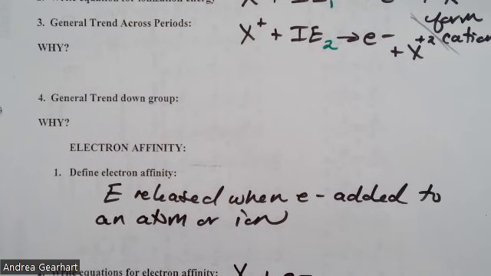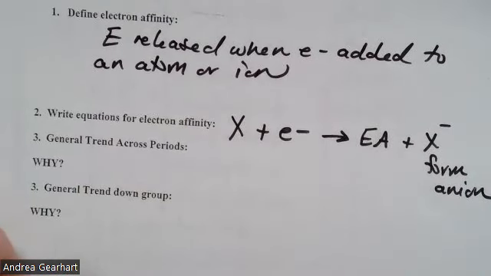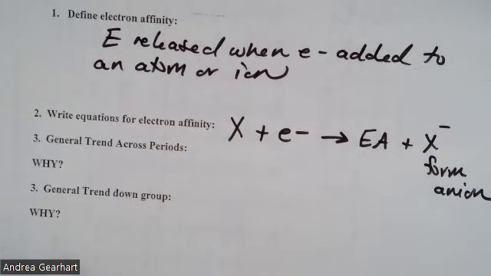We're adding an electron that releases energy. And we're forming an anion. The trends all based on size. All based on size.